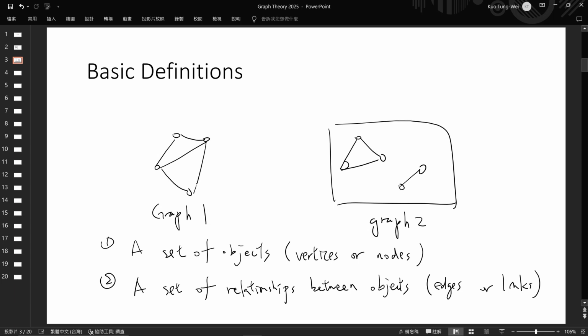Okay. So what is an edge, or what is a link? It is just a pair of objects. Okay. So this is just a pair of objects, or we know that we should call them vertices. Okay.